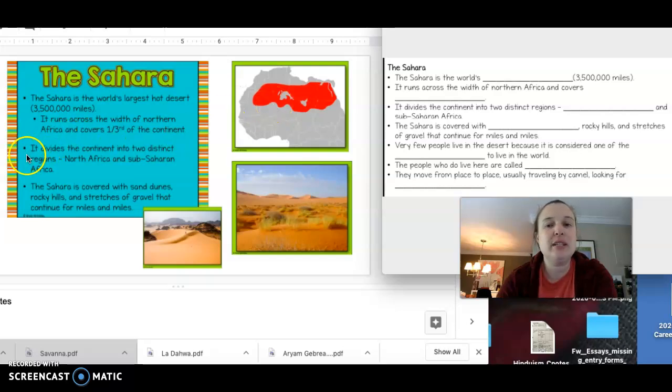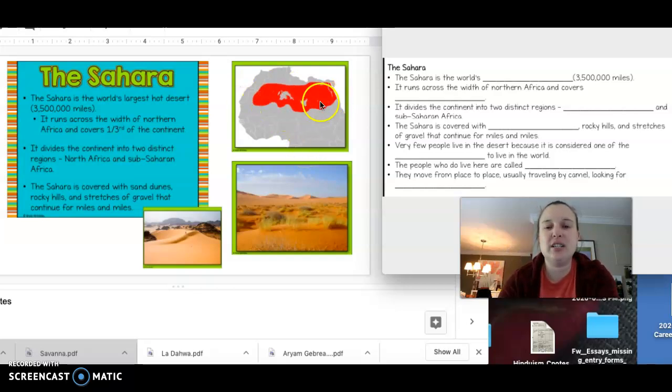The next bullet is it divides the continent into two distinct regions, North Africa and sub-Saharan Africa. The word sub means under, and I never really understood why they called the rest of Africa sub-Saharan until I looked at the map and I was like, oh, if this is the Sahara on the map where I'm pointing, everything to the south is sub-Saharan, or like under the Sahara Desert.